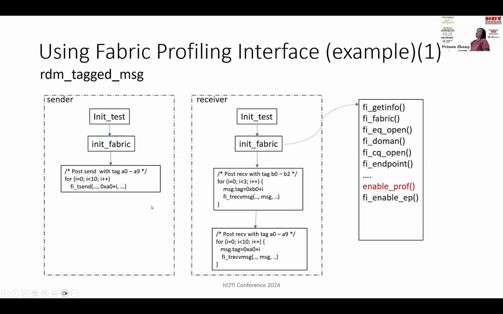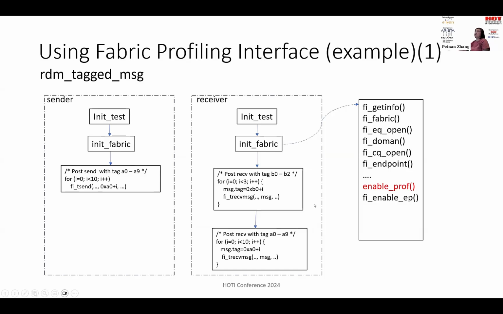If the sender's messages come to the receiver side, and the receiver has already finished posting all 13 receive requests, everything will be fine because there are already posted receives waiting for these tagged messages.